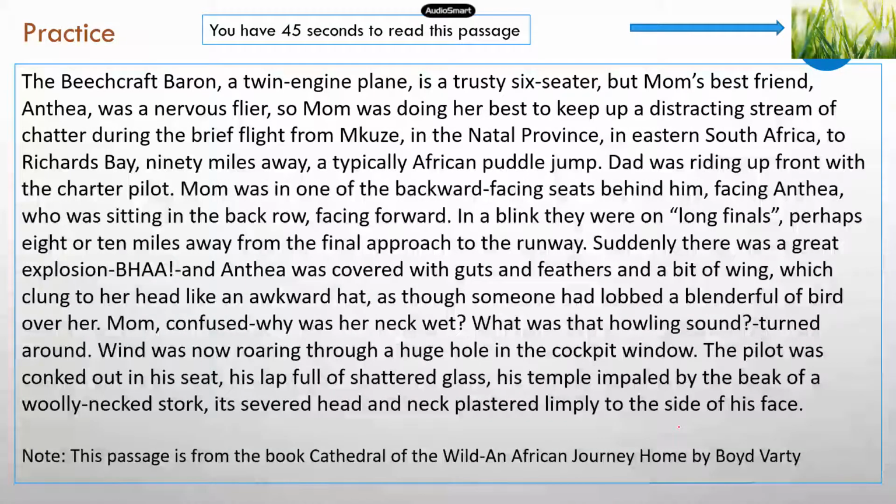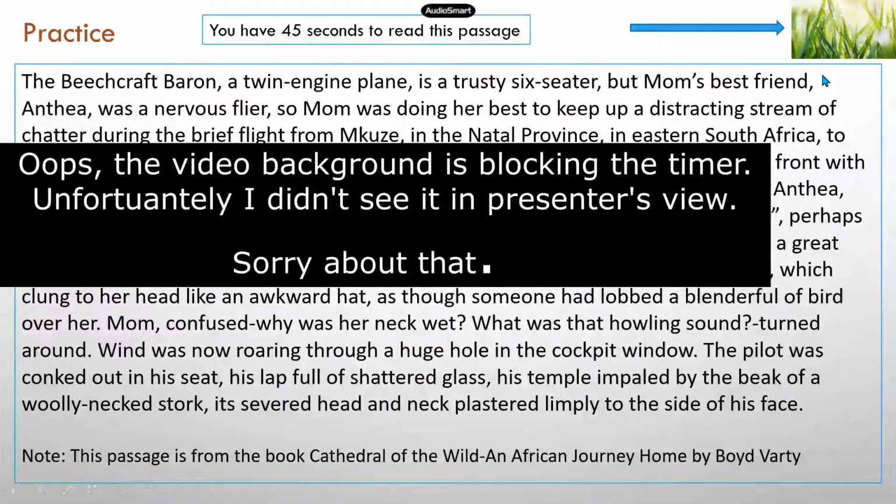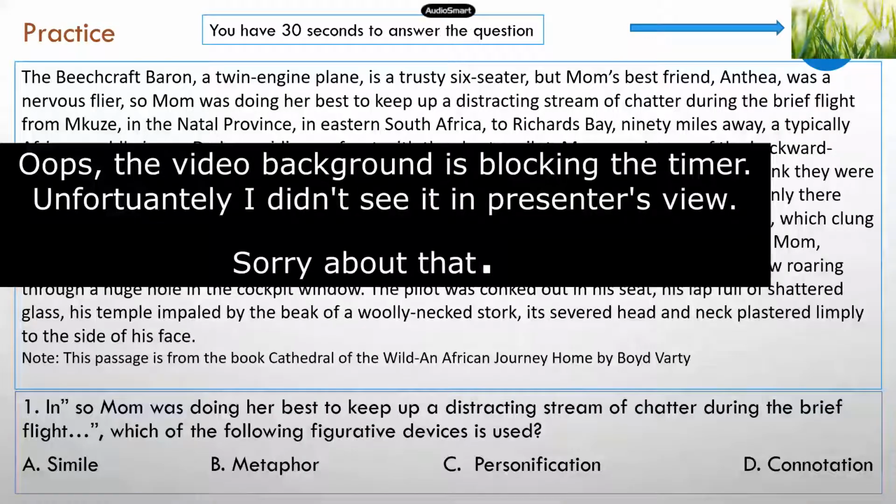All right, now let's practice. So you have 45 seconds to read this passage, and then I will move on to the next slide where you will see some questions. All right, let me start the timer. There you go.